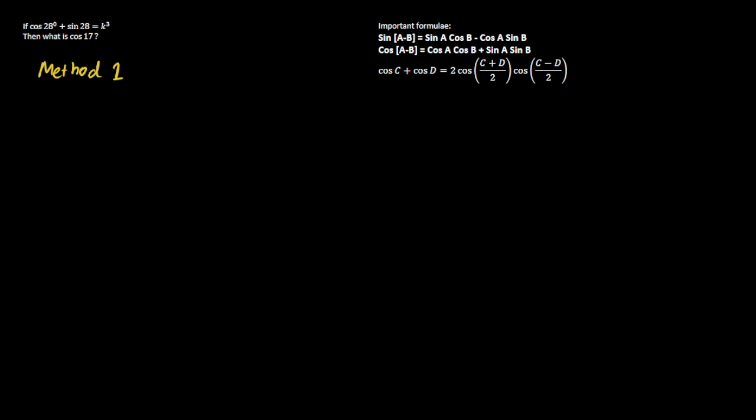Alright, so let's note that 45 minus 17 is equal to 28. So we can write cos 28 as cos 45 minus 17. And we can do the same thing with sine.